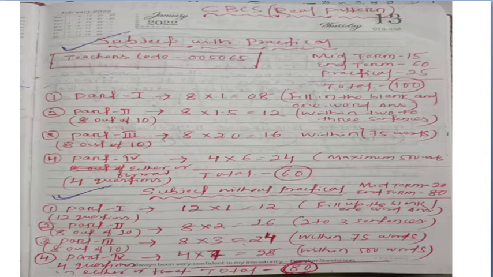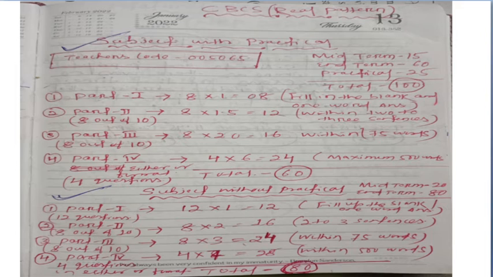See here, your subject is without practical. For science subjects, in different papers there are practicals. Where practical is there, the system is totally different, but in this paper you don't have any practical, it is theoretical based. That's why the full mark is 100 marks.